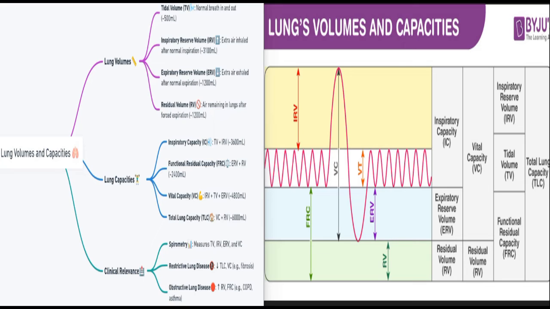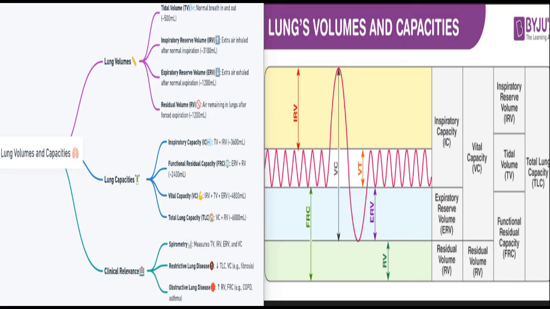If you have your FVC less than the lower limit of normal, and your total lung capacity isn't reached, it's less than 80% predicted, then you're dealing with a restriction.